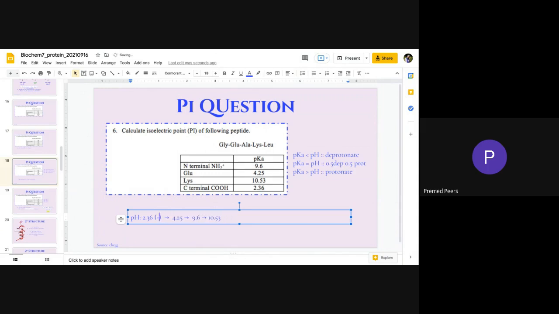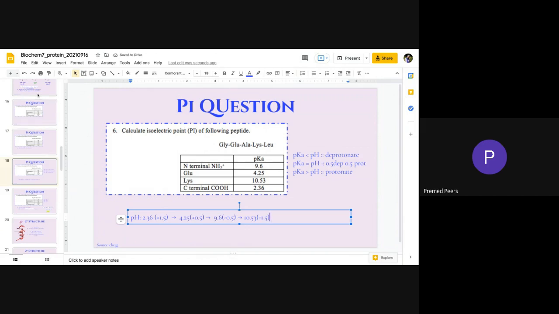So it ends up at a total positive charge of 1.5. Going to the next one, if we repeat the same step, you will probably get 0.5, then negative 0.5, and then negative 1.5.